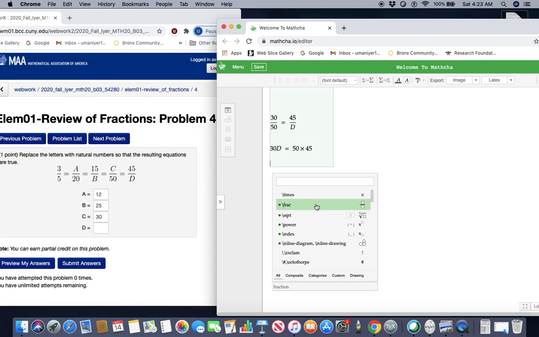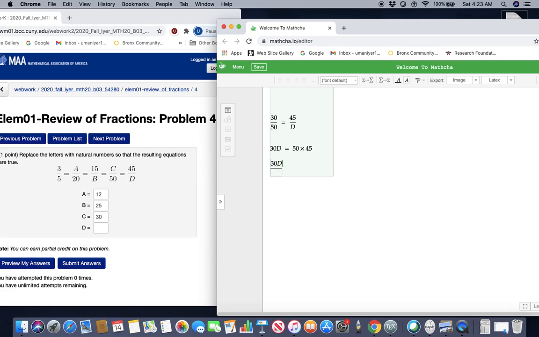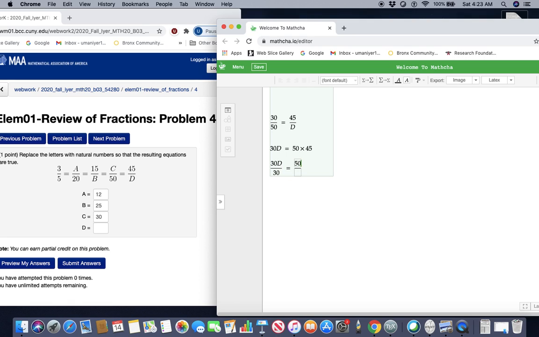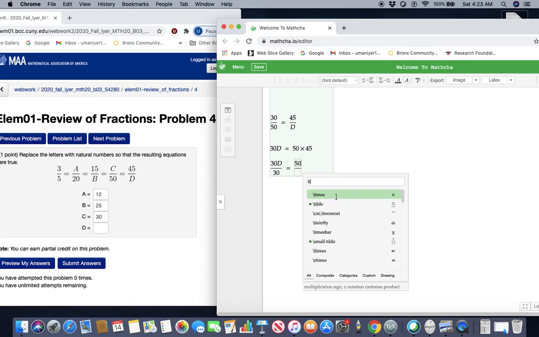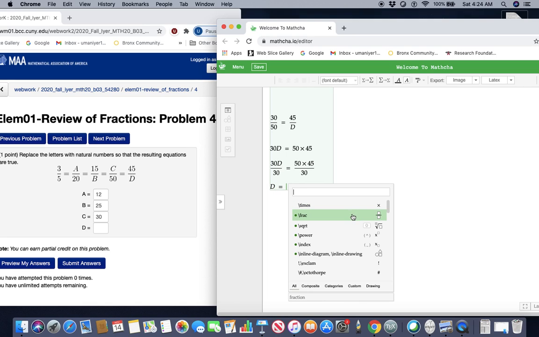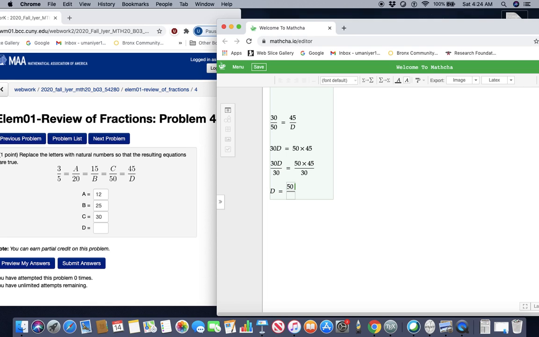Now you have the fraction 30D over 30. I want to solve for D, so I'm dividing both sides by 30. So it's the fraction 50 times 45 over 30.